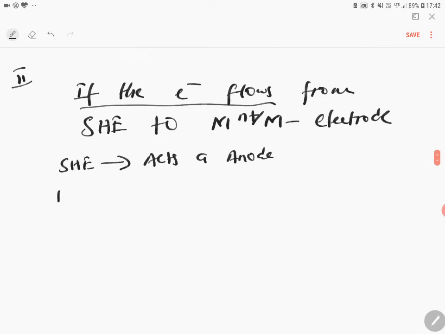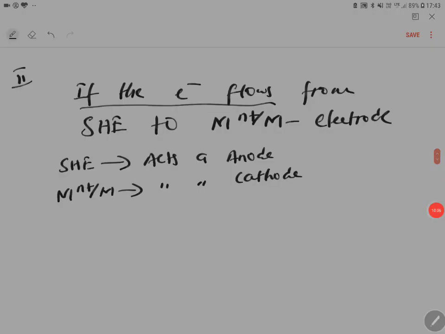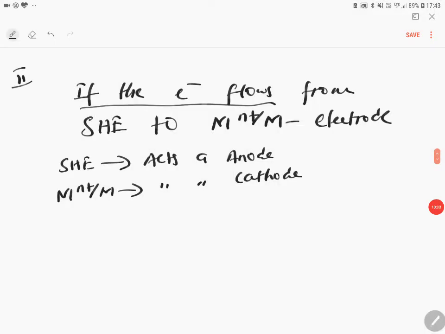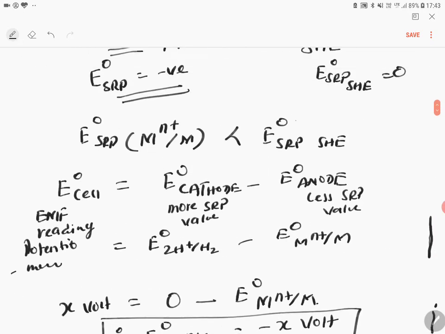The other electrode, M n plus M, behaves as cathode. This is a totally opposite concept to what we have seen in the previous case. So now, in this case, see how we have represented the cell.